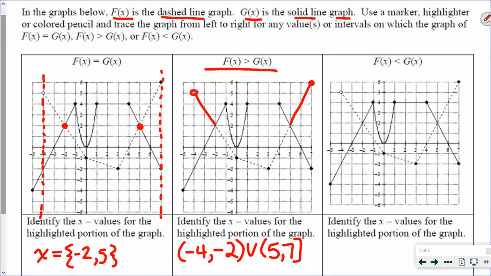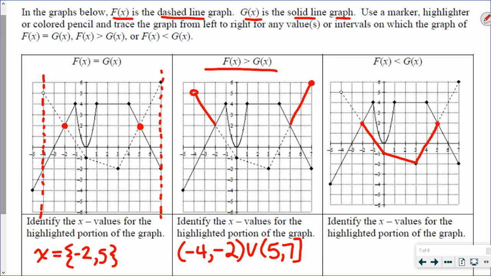Okay, now we want to identify the x values where f of x is less than g of x. Okay, so we're looking for where the dashed graph is below the solid graph. So that would be here, here, here. And so we can actually write this in one interval.